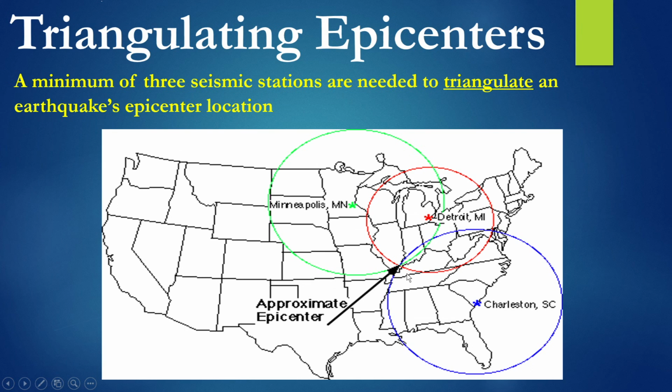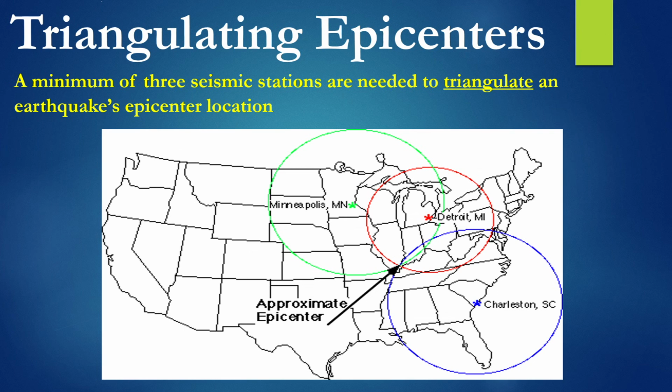Your cell phone basically is sending out information to cell phone towers. The phone and the cell phone tower know how long it takes for the signal to go back and forth, and it's basically the speed of light.